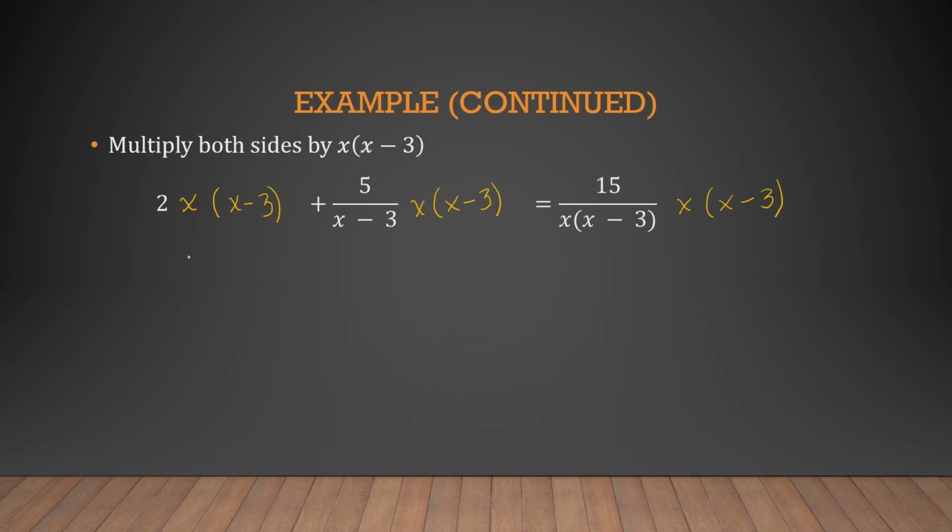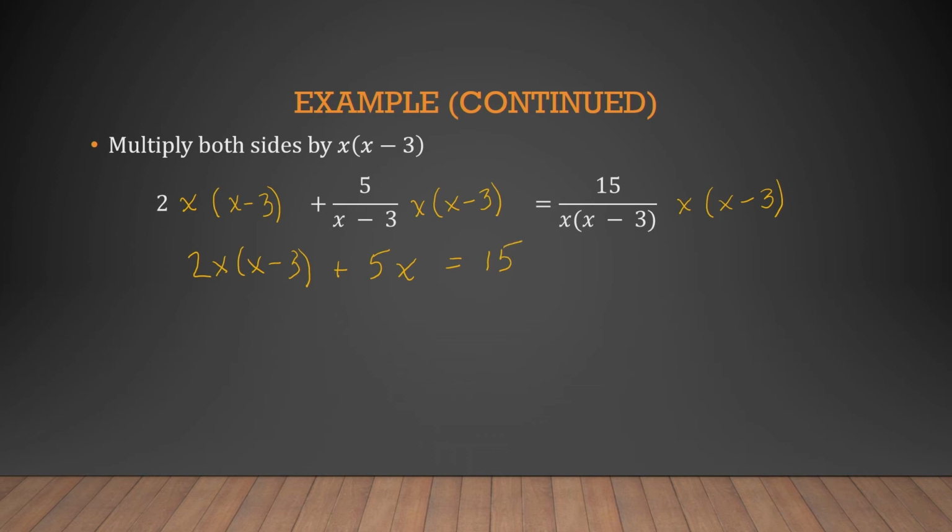Now I can simplify. The first term is 2x times x minus 3. And the second term, the x minus 3's cancel, so we get 5x. And on the right side, the x cancels and the x minus 3 factor cancels, so we just get 15.